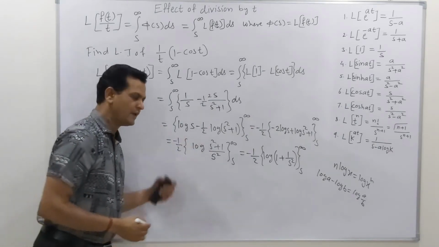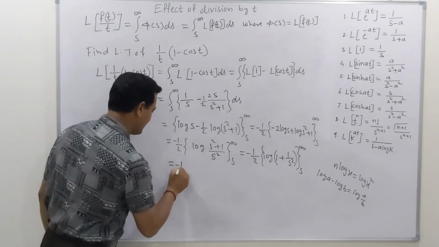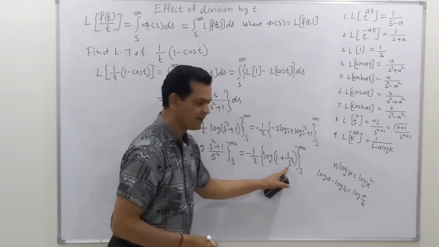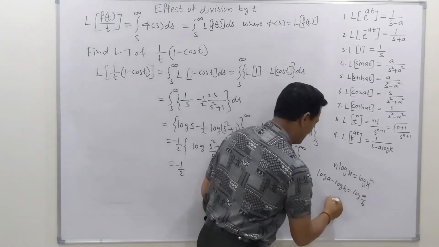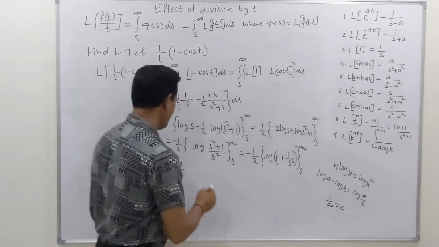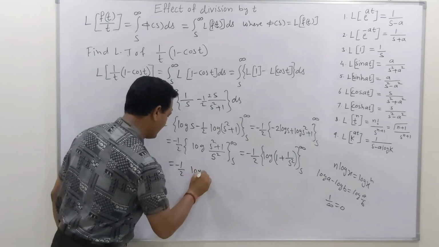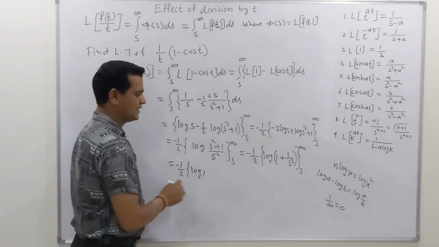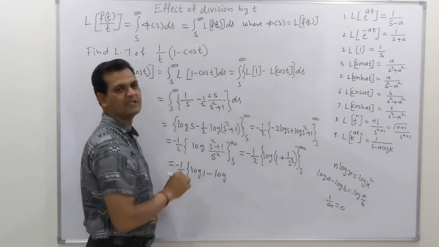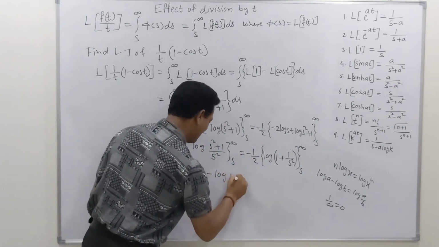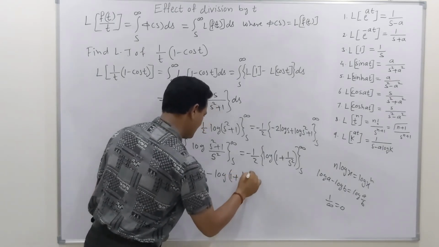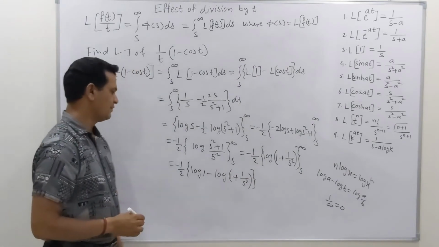Now if we put the value of the upper limit, which is infinity, this becomes 1 upon infinity, whose value is 0, so we get log of 1 for the first term. Minus the lower limit, which is s, so after putting it we get 1 plus 1 upon s square.